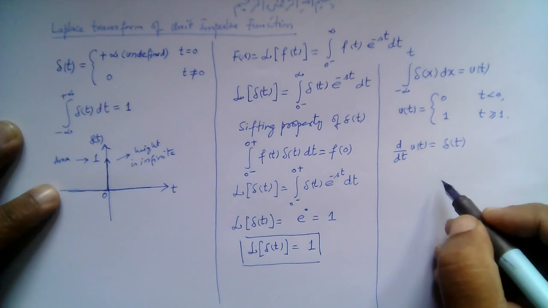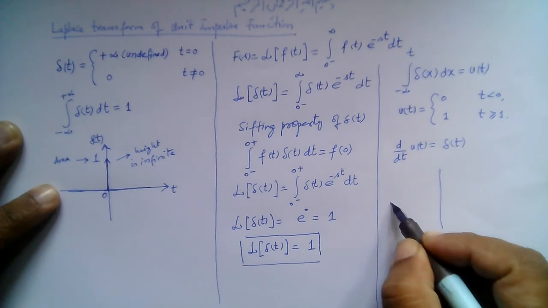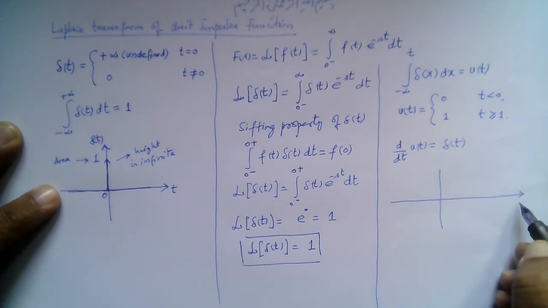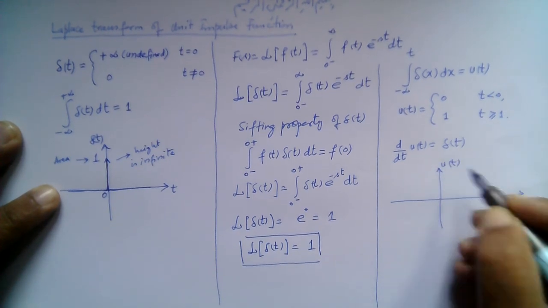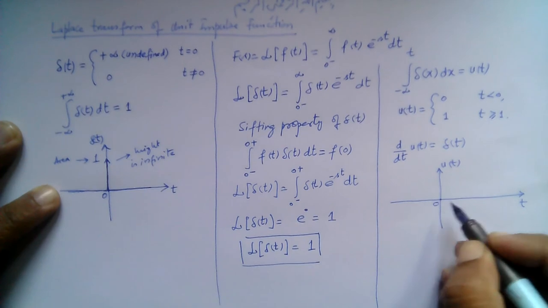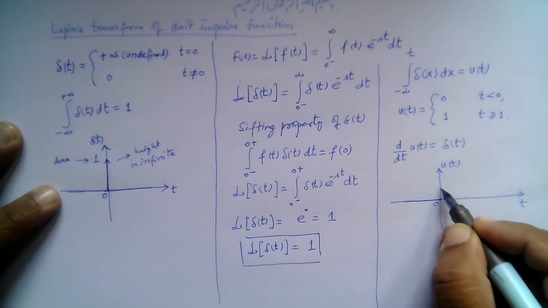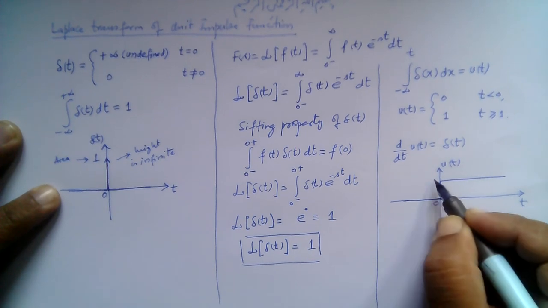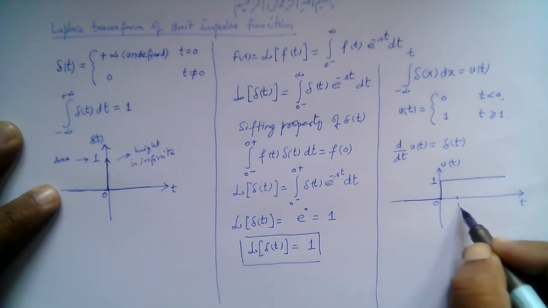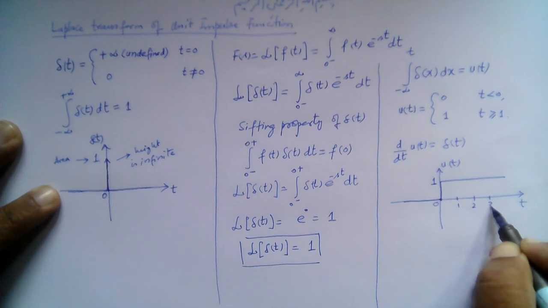And the unit step function can be plotted like this. This is t, this is u of t, this is the origin 0, and it is 0 here, and at the origin it takes on a value 1 and goes on like this, right? So this is, for example, 1, 2, 3 and so on.